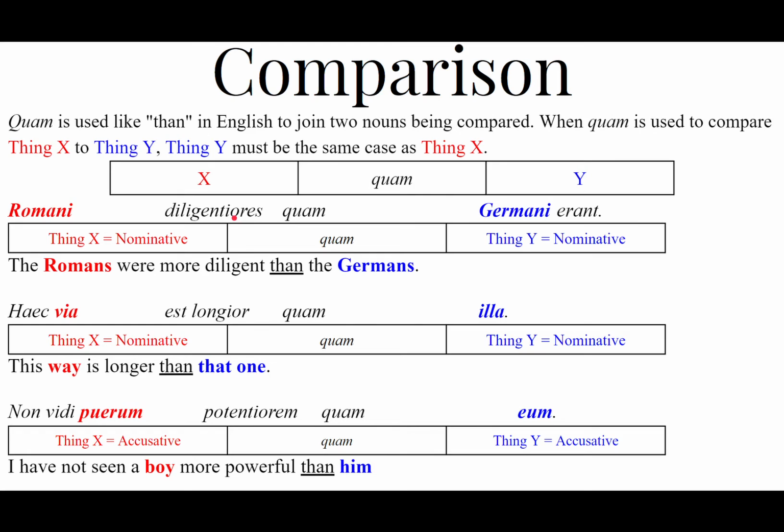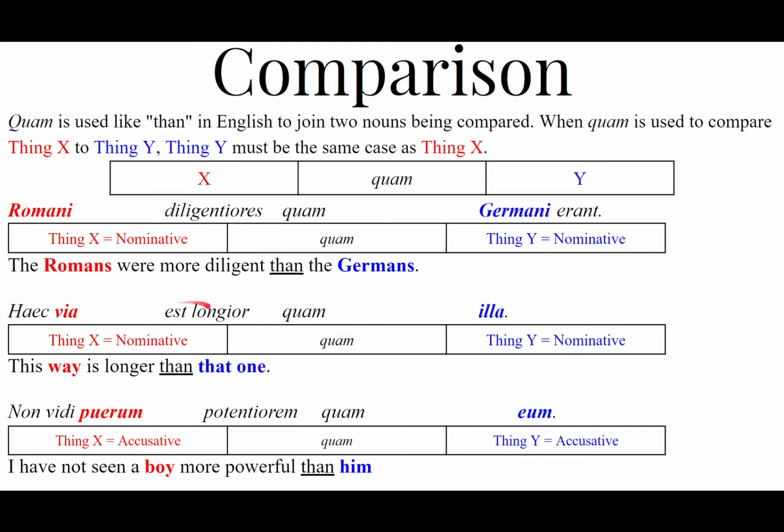Careful, you could say attentive, except for that one time, in the Teutoburg forest. Diligentiores, nominative plural masculine to agree with Romani. Quam, there's the than, quam thing Y, the Germani. If thing X is nominative, thing Y must also be nominative, and it's plural masculine, Germani, the Germans.